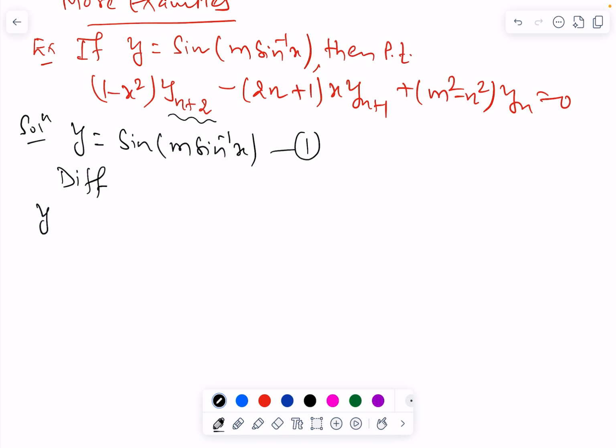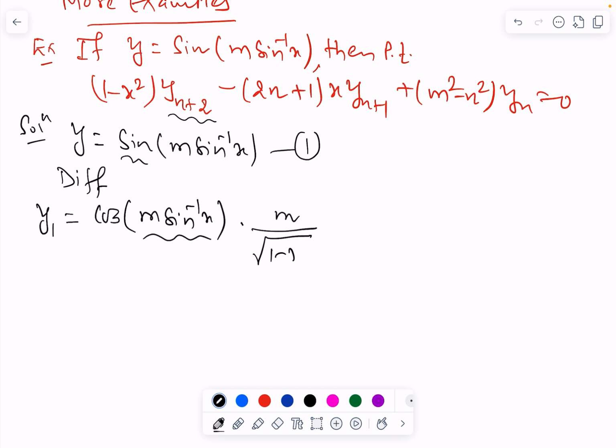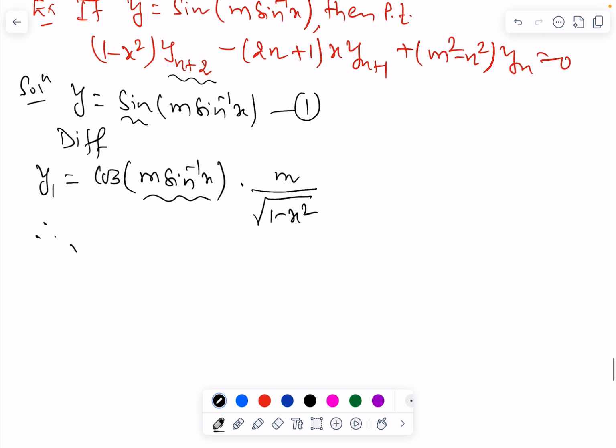So if we differentiate this, we have y1, derivative of sine is cosine of m sine inverse x, and derivative of m sine inverse x is m over root 1 minus x square. So we have root of 1 minus x square y1 equal to m into cosine of m sine inverse x.